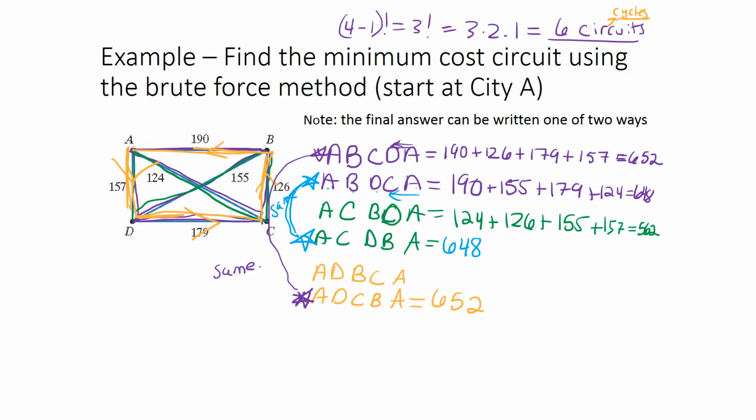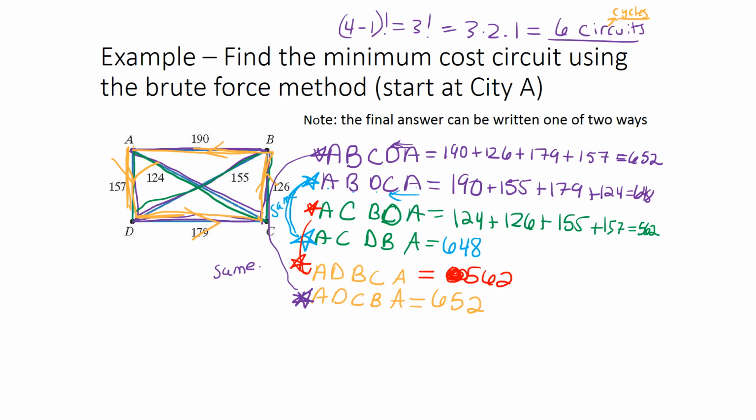And then if we look at this one, ACBDA, and you read it backwards, ADBCA, it's the same as this one. So the total will be 562. Okay. So you will see that you can get the same forward and backwards.